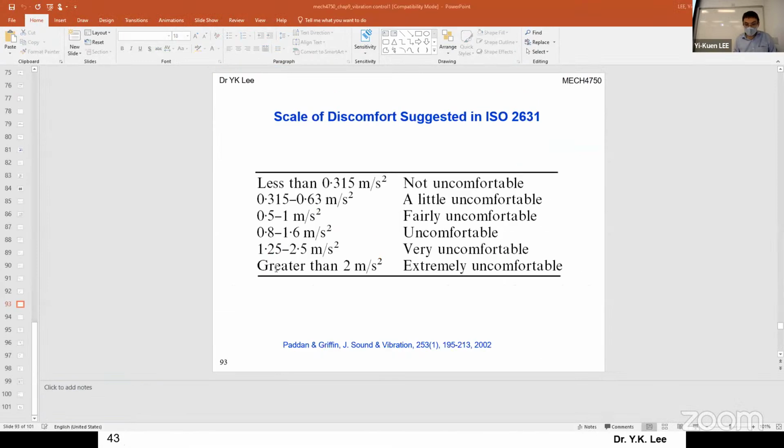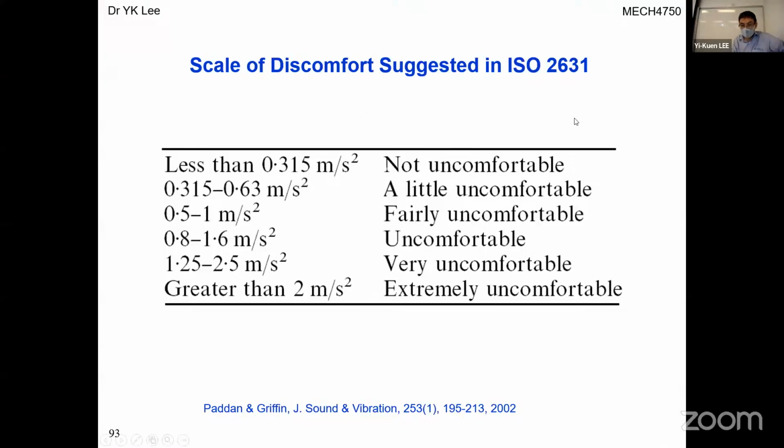Okay, so finally here I show you another quite important thing, right? Sometimes we need to consider human whole body vibration for mechanical system design, for example in the automotive industry and cars. There's the ISO 2631 standard, which specifies how average vibration may impact our comfort.